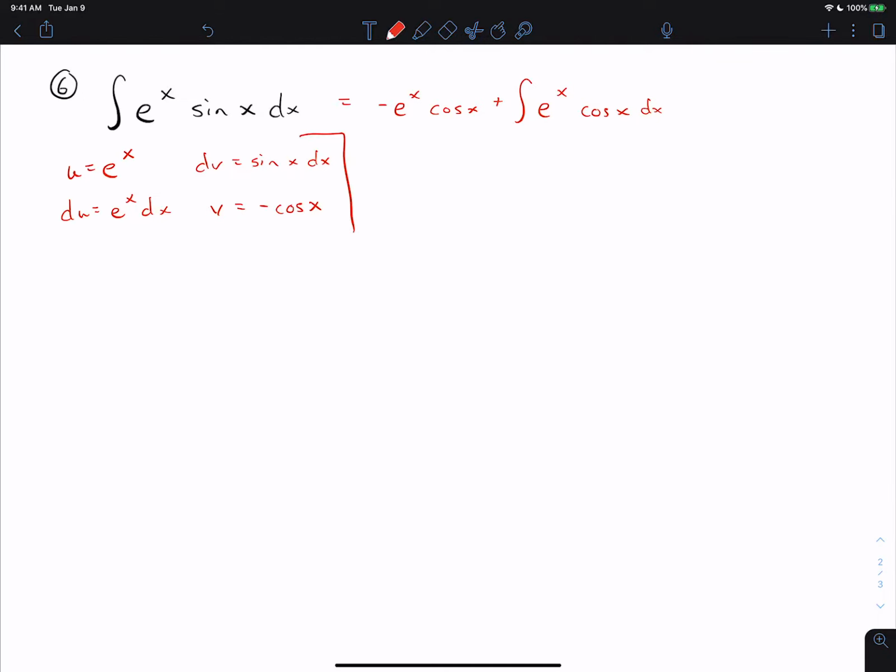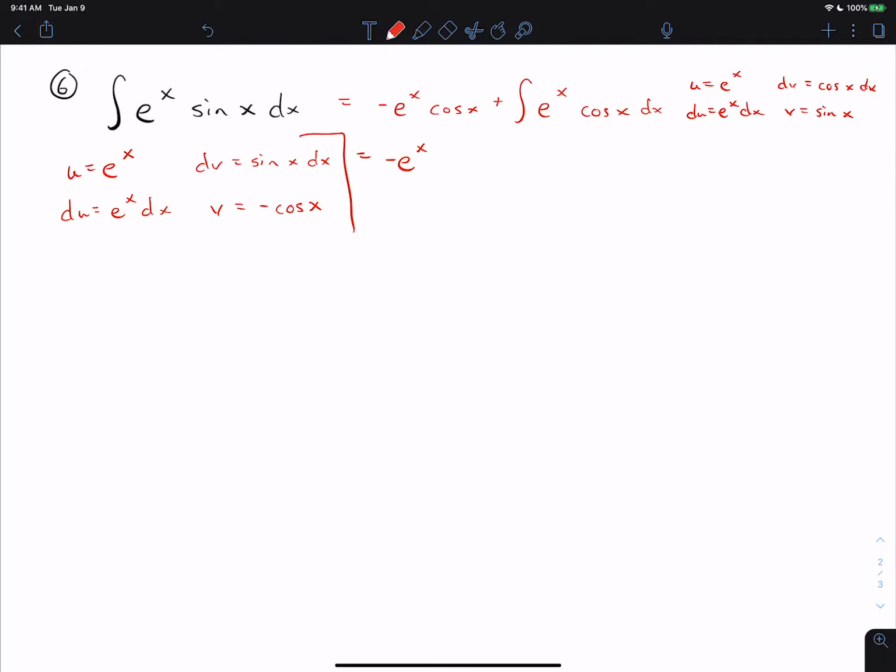Now that integral is very similar to the first integral, and it's a little weird, but it should be somewhat clear that if we do parts again, we're going to get back to the integral we start with. And so let's do that again. We're going to let u equal e to the x. We're going to let dv equal cosine x dx. Du then is e to the x dx, and v is positive sine because we're taking the antiderivative.